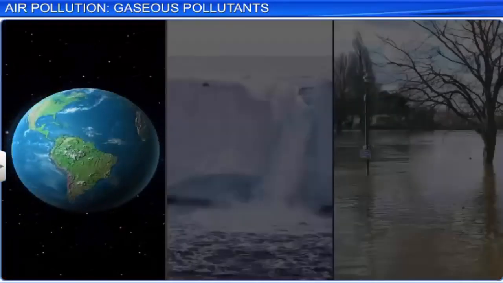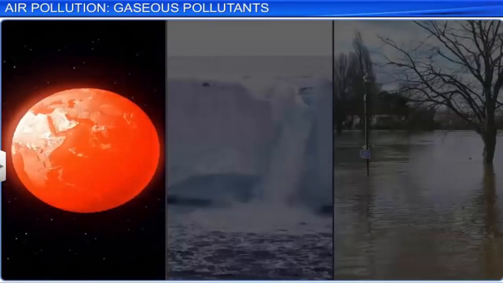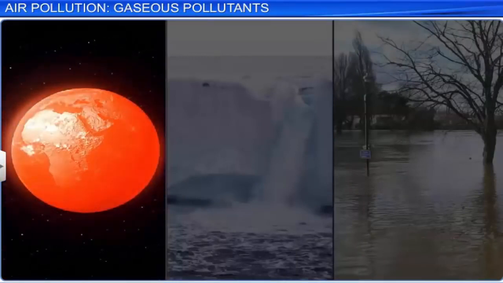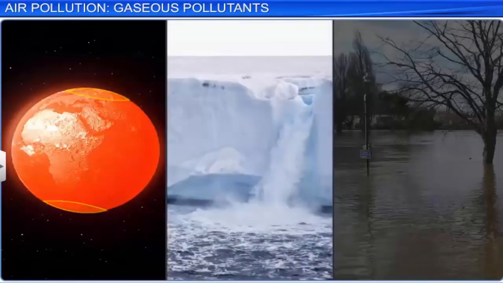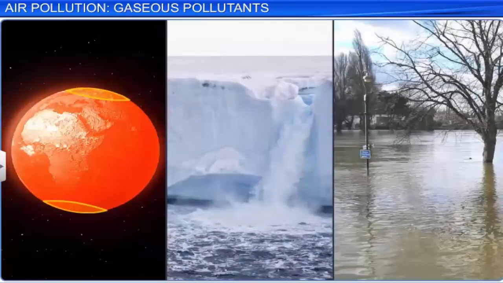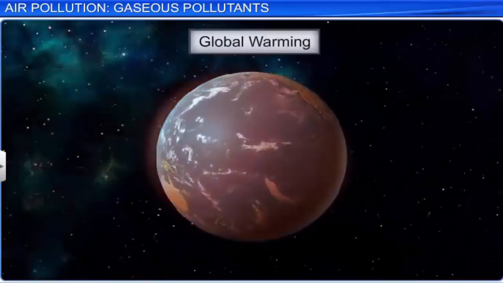As a result, the atmosphere becomes warmer, and in a few years may lead to the melting of polar ice caps and the flooding of low-lying areas all over the Earth. This is what we call global warming.